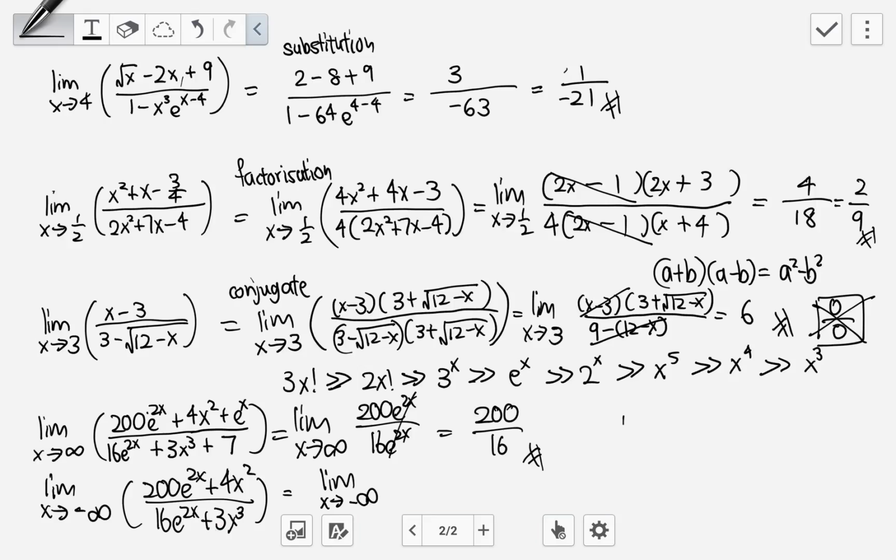So x squared and x cubed, comparing the two of them, x cubed moves to infinity faster than x squared. So we have a very large negative value at the bottom and a relatively smaller value at the top. That will give me a limit equal to 0.